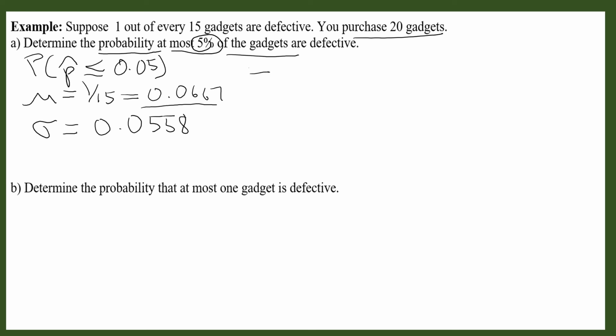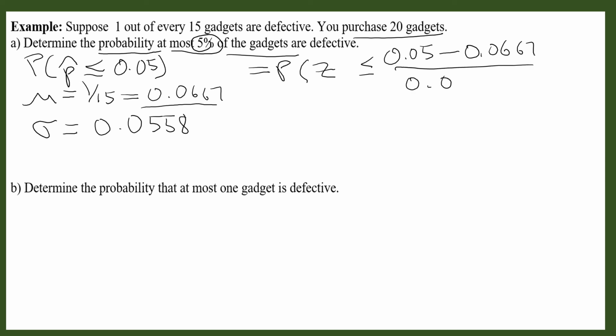Now we're ready for the table. The probability that z is less than or equal to 0.05 minus the mean 0.0667 over the standard deviation 0.0558. When I clean this up, I get z less than or equal to negative 0.3.